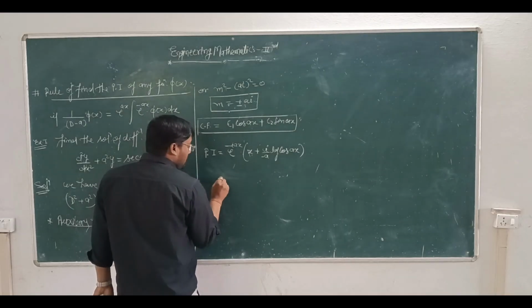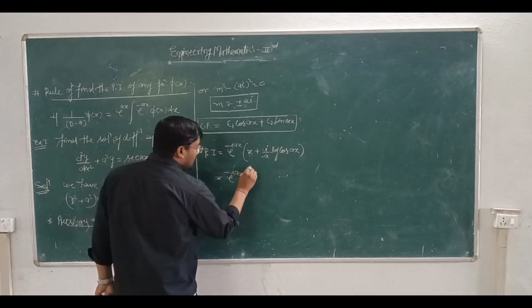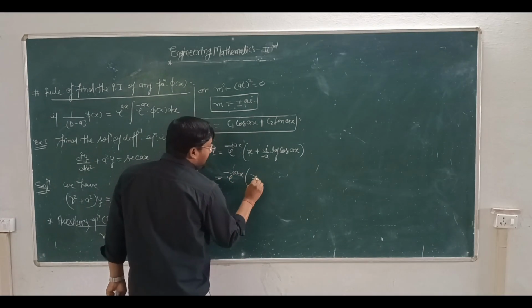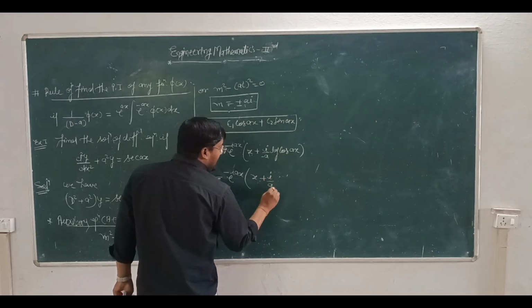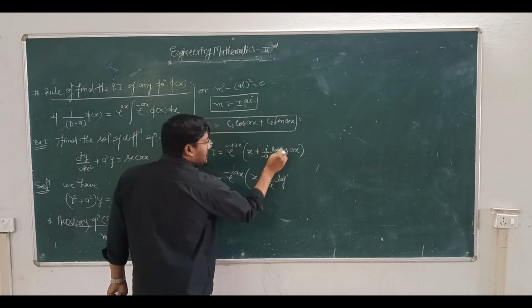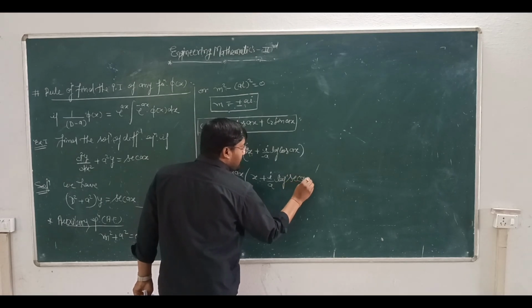You can write e to the power minus iax bracket x plus i upon a log, if minus is transferred to this function, now you can write log sec ax.